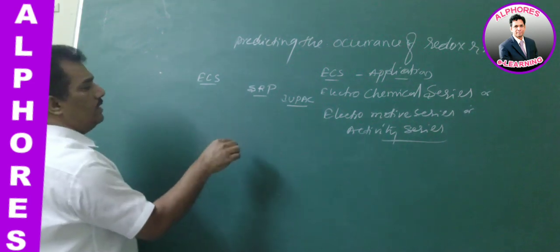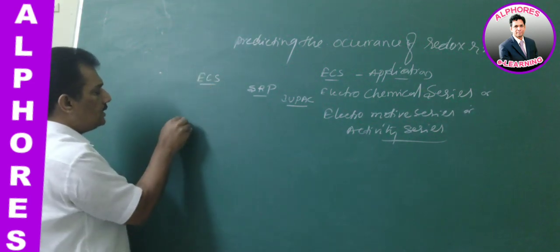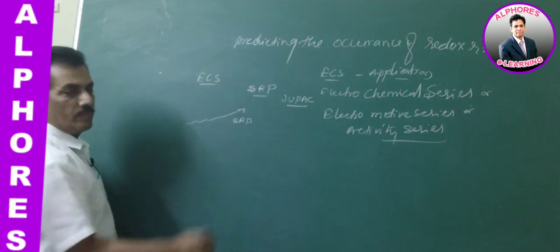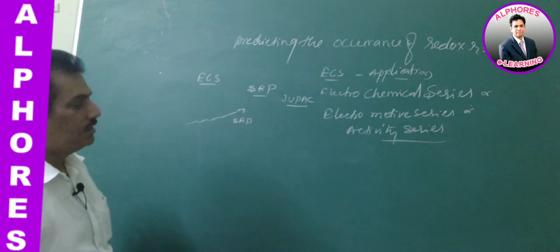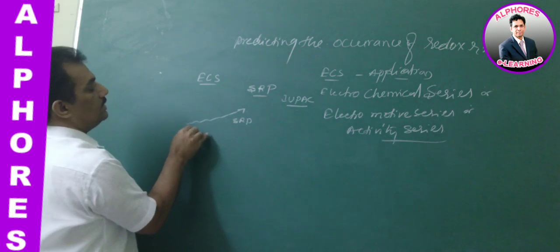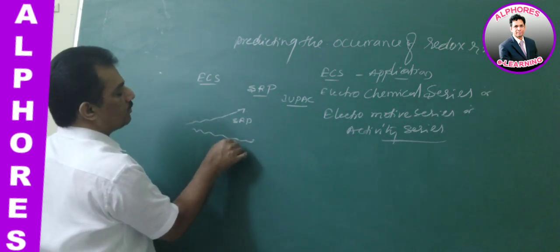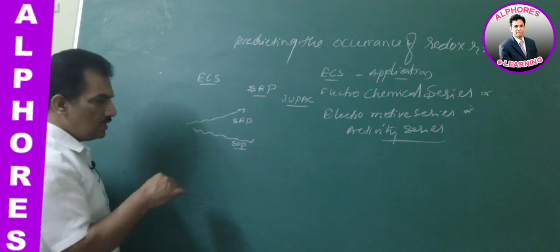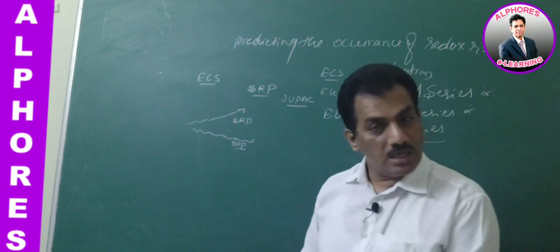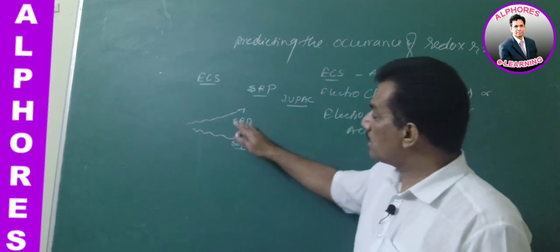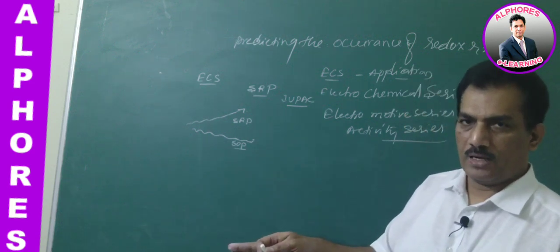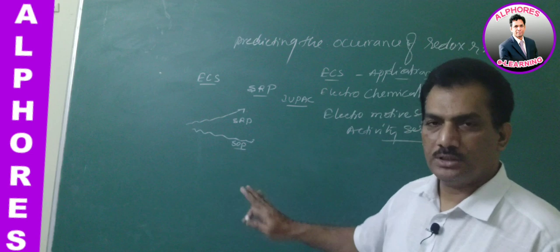Now, when the electrodes are arranged in increasing order of their SRP, just remember, automatically it is decreasing order of SOP. If we are considering SOP values, it appears as decreasing order, but when we are considering SRP values, it is increasing order. Clear? Because they are getting opposite signs.